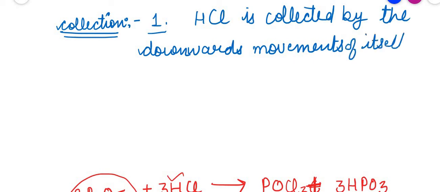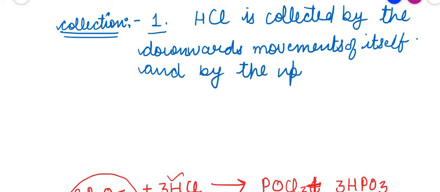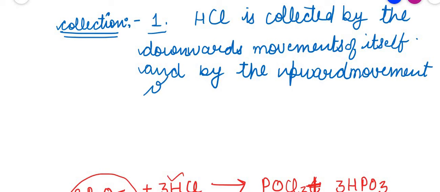मतलब खुद तो वो downward movement करता है, and by the upward movement of the air. Why is it doing this?